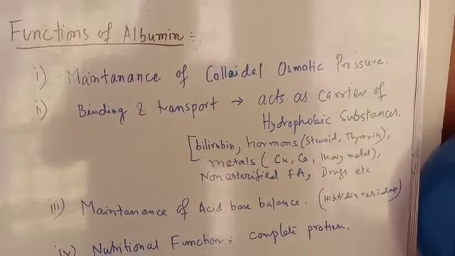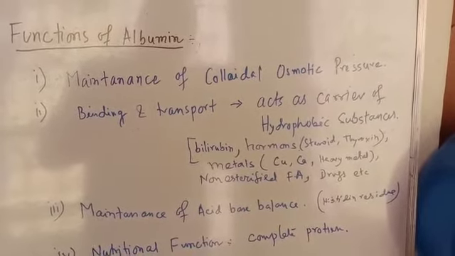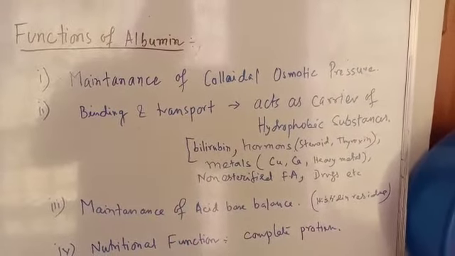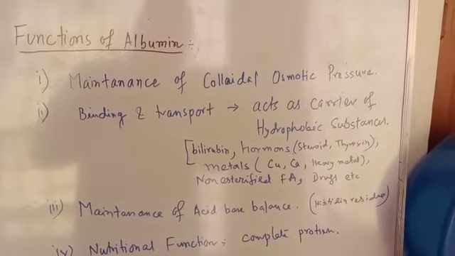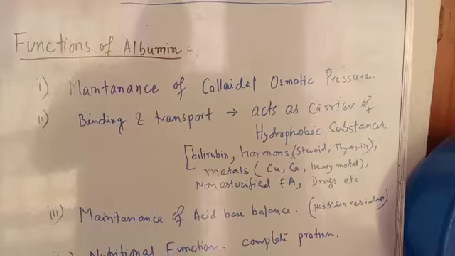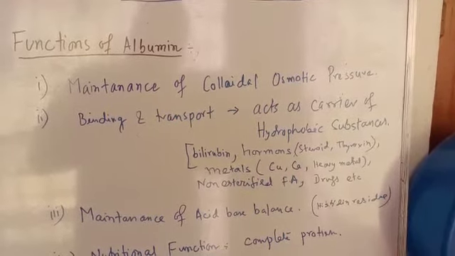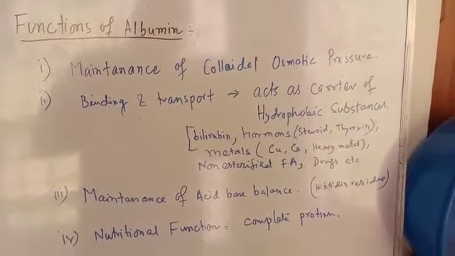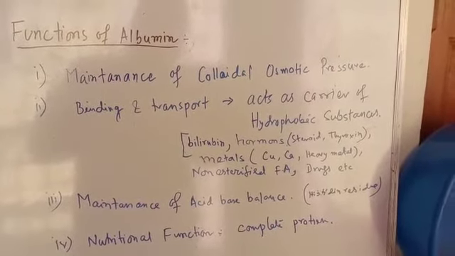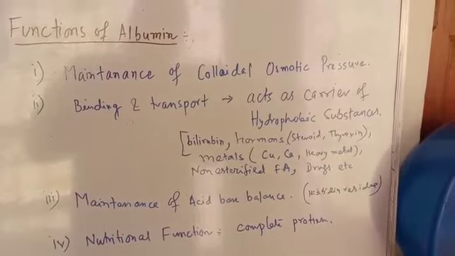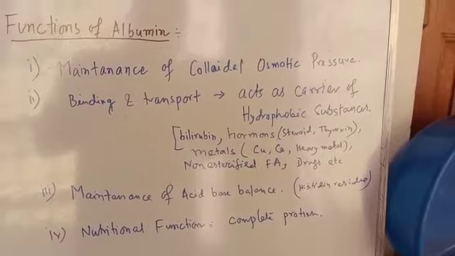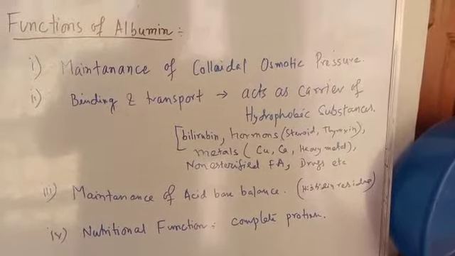It binds and transports the following substances: bilirubin, hormones like steroid and thyroid hormone, metals like copper, calcium, heavy metals, non-esterified fatty acid, drugs, etc. It also helps in maintaining acid-base balance because it has 16 histidine residues. As it is a complete protein, it helps in nutrition.